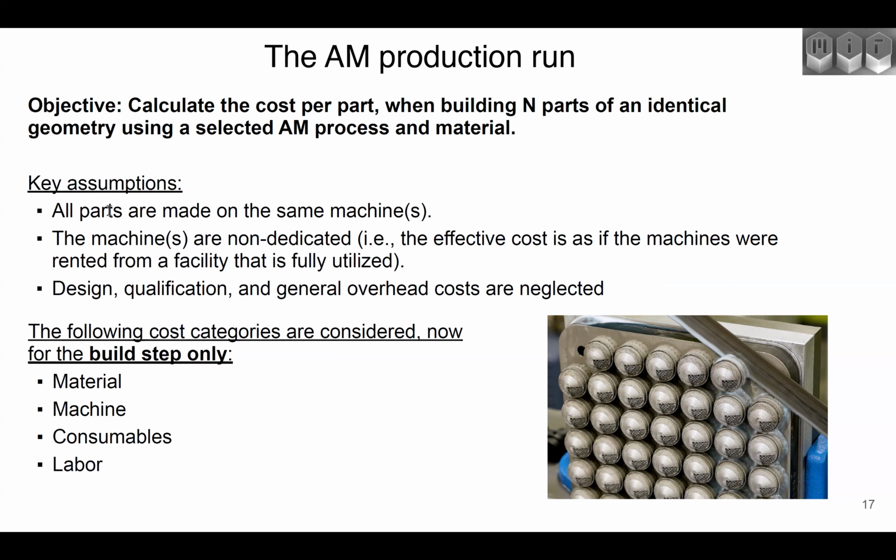We're not going to try to calculate fractions of other machine tools. Second, we're going to treat it as a non-dedicated machine, which means that if we aren't printing the part, it's printing something else. Someone else is paying for that machine time. That's a very important assumption that we're going to make in this webinar, but it's not necessarily one that you should make. It just depends on how your machine runs.